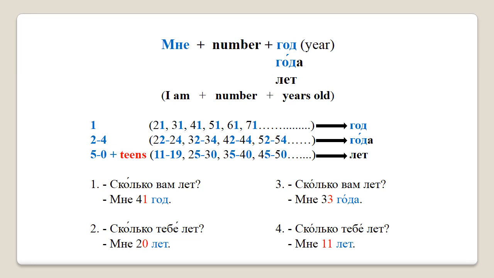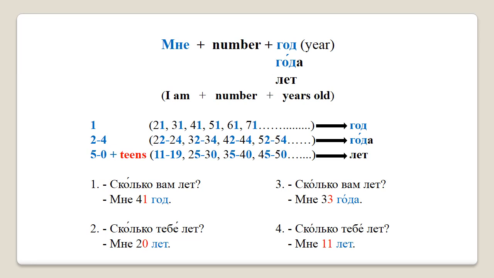Мне is a form of I, я, but in what we call dative case, and it literally translates as to me. Мне will be followed by the number of years, and then either год, года, or лет. Год stands for years, года is a slightly different form of год, and лет is an irregular form of plural years. Now here is the pattern that we have to keep in mind.